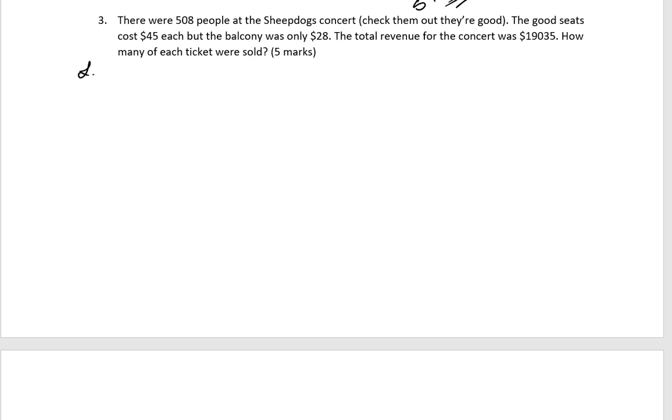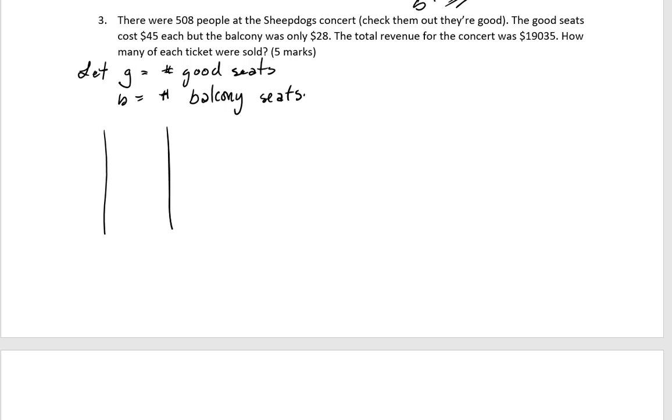So we're going to let, I don't know, let's call it the good seats. So let G equal number of good seats. Let's let B equal the number of balcony seats. And so if we set up our table, we've got good seats.